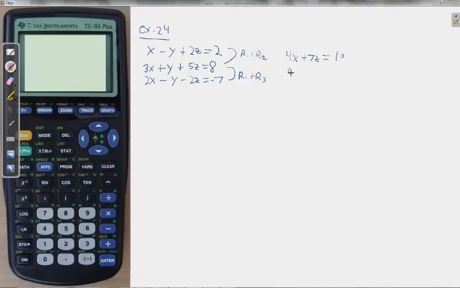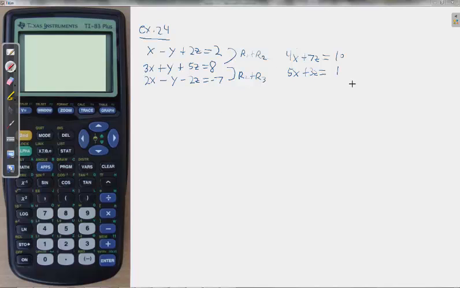I would get 5x plus 3z equals 1. Now you've got two equations and two variables.